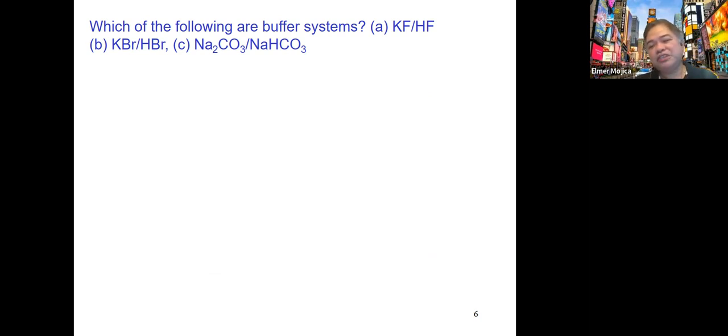It is useful here to use the definition of a strong acid and strong base. If you know the strong acids and strong bases, anything that's not included there is a weak acid or weak base. So is letter A a buffer?